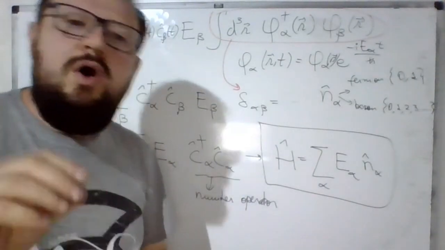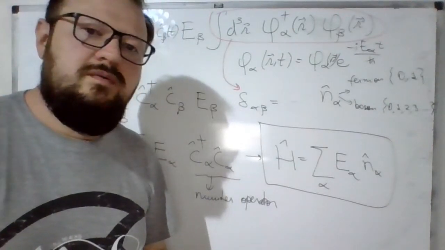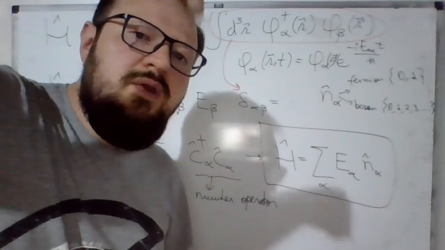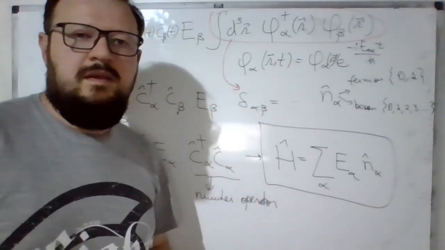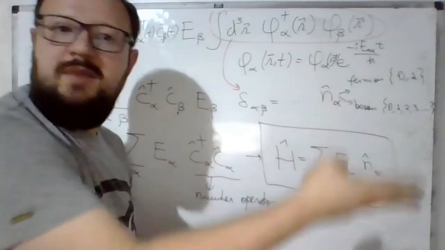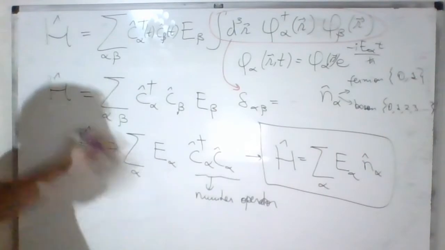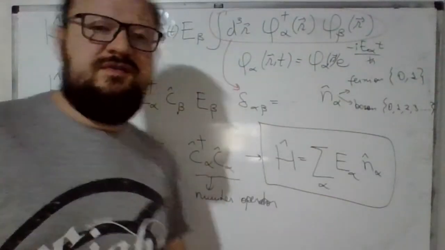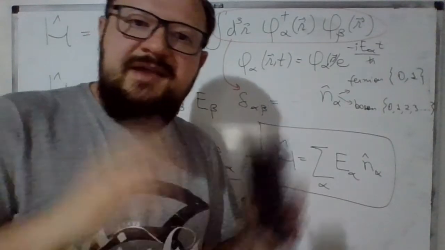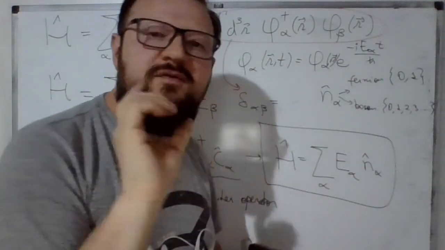which is encoded in the potential energy U of R, which is an operator operating on a single particle coordinate. But since you have solved that problem for a single particle, you have a complete set of functions, the phi alphas and phi betas, okay? And you can expand just by second quantizing the wave function.